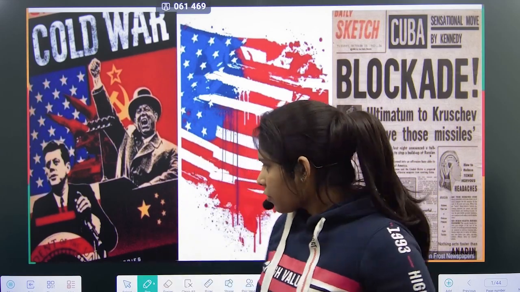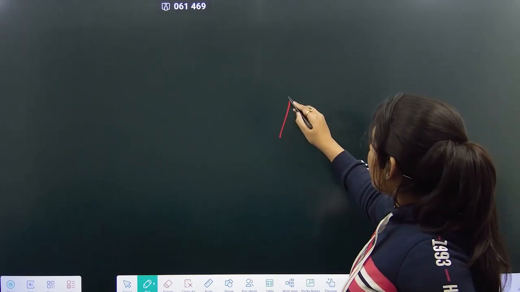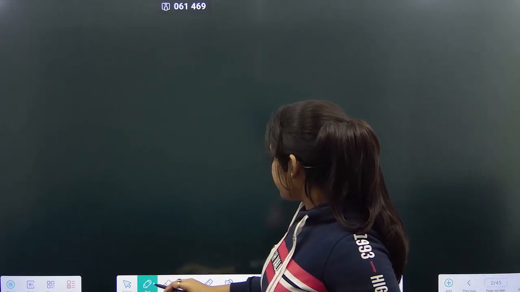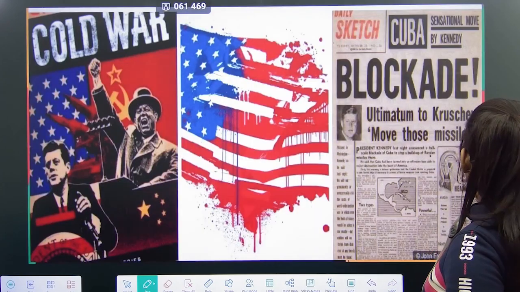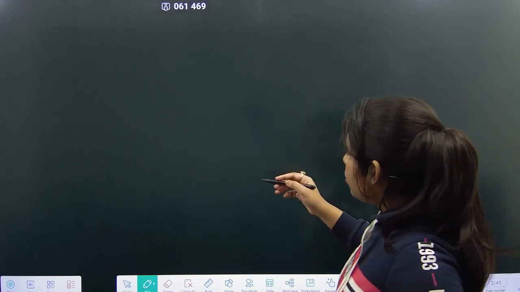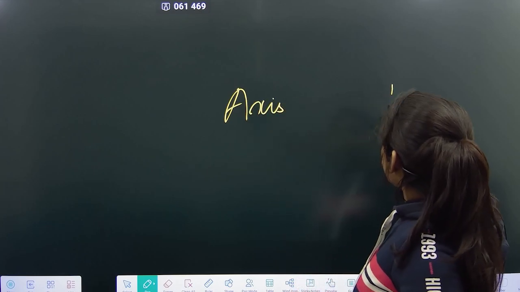Now, when we talk about the World War era, we saw two powers at play. We saw the Axis powers and the Allied powers.